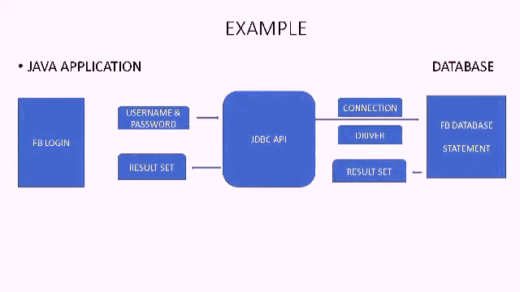At this point of time, the JDBC API comes into action. It takes the username and password, and then it opens a connection to the FB database. See here, it opens a connection to the FB database, and it loads the driver to execute the query.